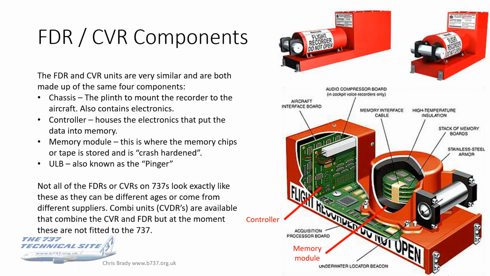The memory itself is housed in the memory module, which is the cylindrical unit, and that's where the tape, or these days the memory chips, are stored. That's crash hardened. That's the strong bit of the whole unit. And then the fourth bit is the underwater locator beacon, also known as a pinger.